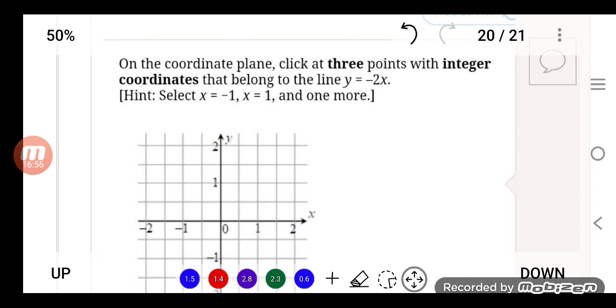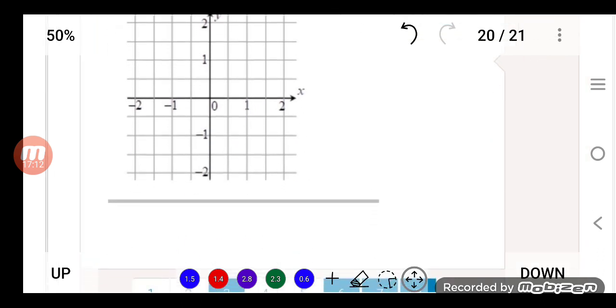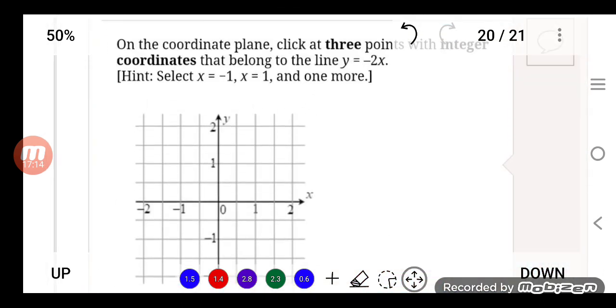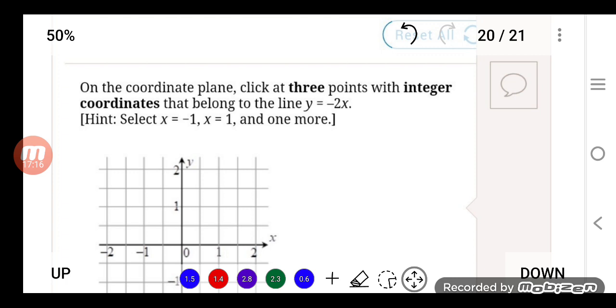On the coordinate plane, click at three points with integer coordinates that belong to the line y equal -2x. Select -1 and 1 and 1 more. So integer coordinates that belong to this line.